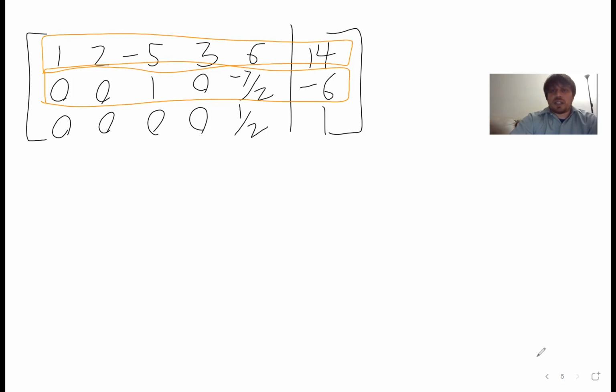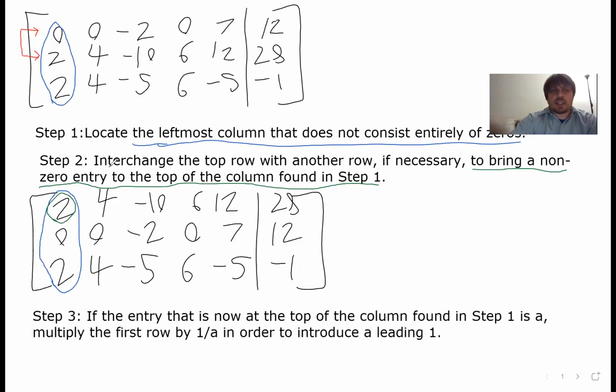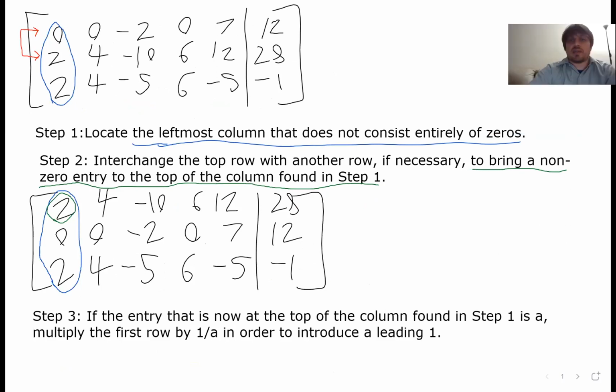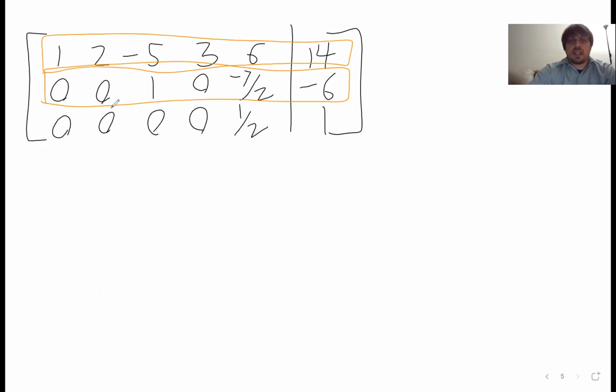In step 1, way back in the beginning, locate the leftmost column that does not consist entirely of zeros. Now the submatrix is only this one row, so the leftmost non-zero column is this individual entry 1/2. So step 1 is done.